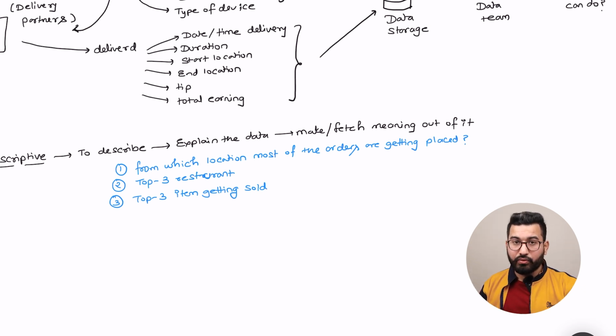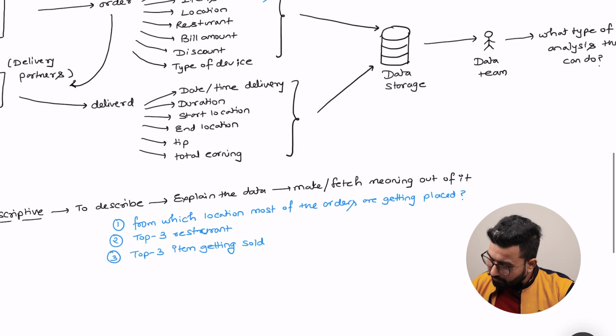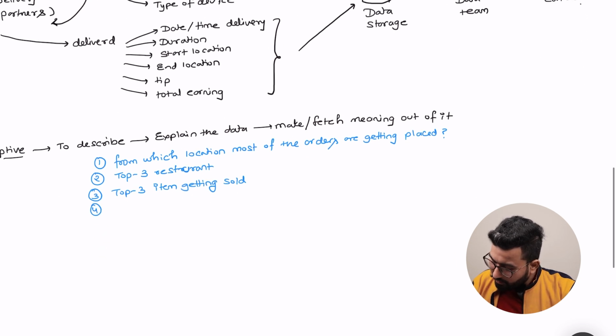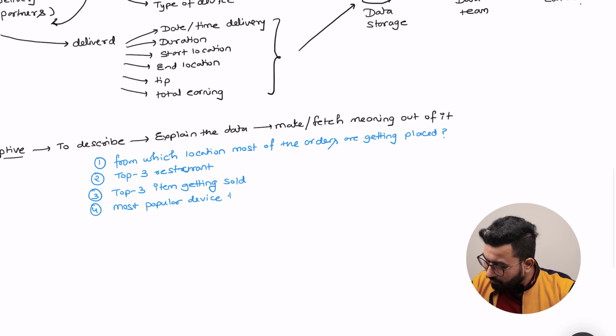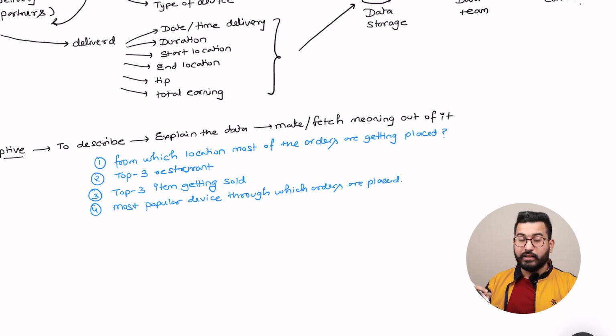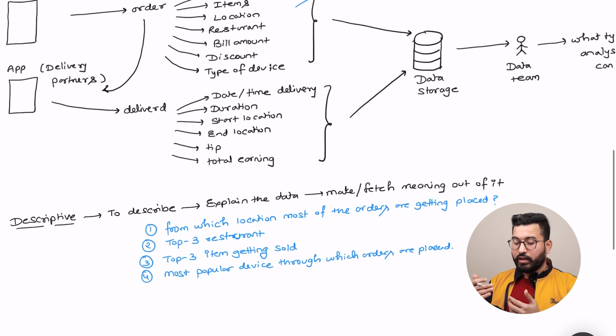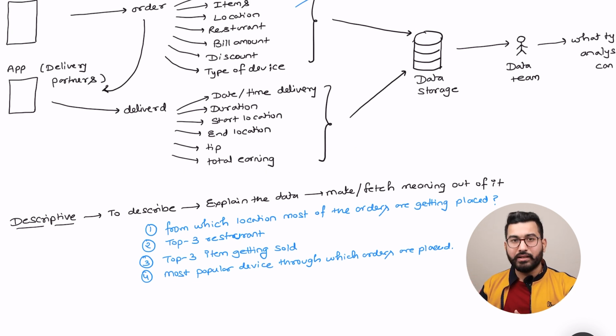Again, if I can answer this question using the data, it is helping me to better understand the data, right? What is the most popular device through which orders are placed? This can help me understand whether Android is more popular or iOS, or web applications are more popular.